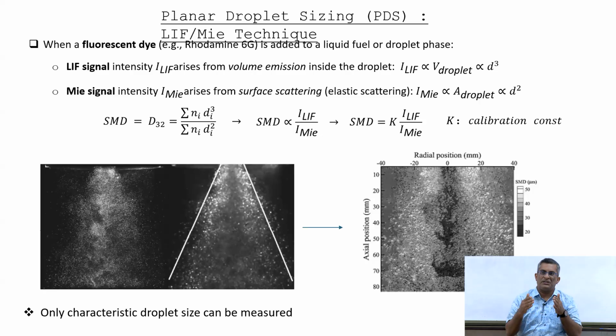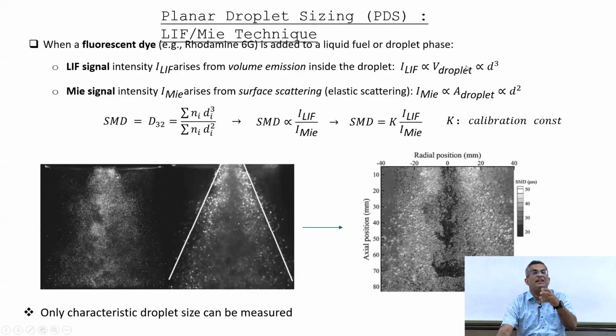So by using two cameras, we can capture the Mie scattering image, which is actually proportional to d square. Okay. The Mie scattering image is proportional to d square, while the LIF intensity is proportional to the volume of the droplet. It is a volumetric technique.